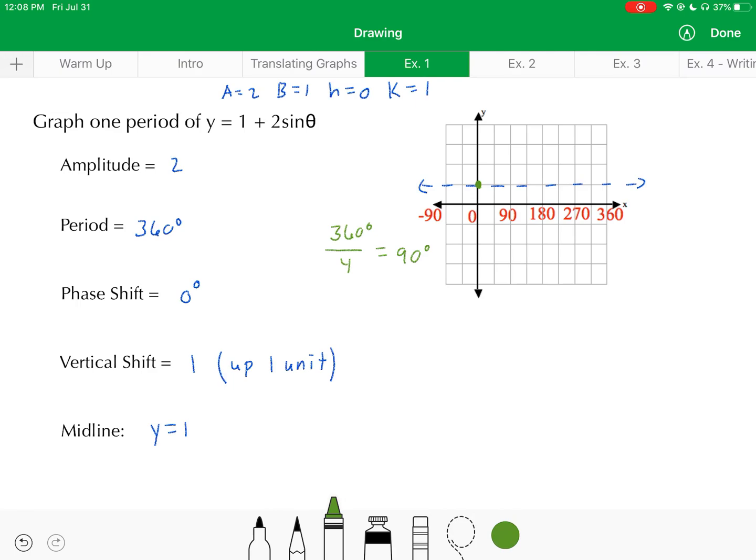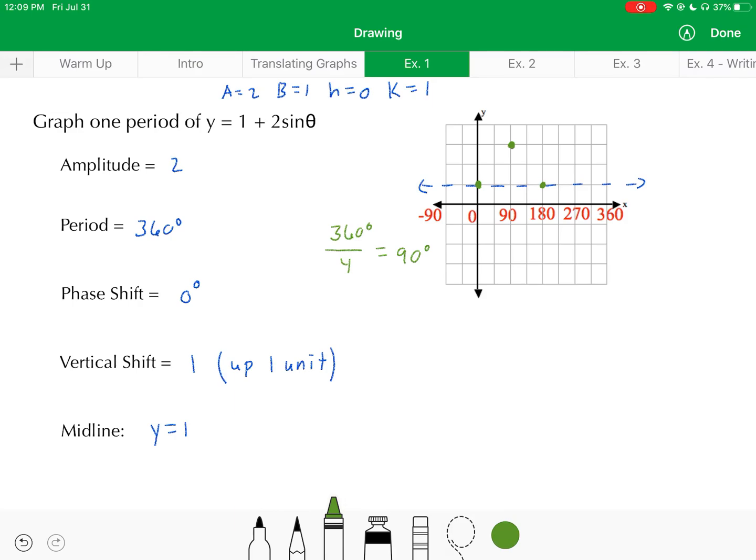Now, from that point, you're going to move 90 degrees to the right, and you're going to move 2 units up based off of the amplitude. So that's technically the point of 90, 3. Then you're going to move 90 degrees to the right, or 2 spaces, and back down to the midline. That's your third point.